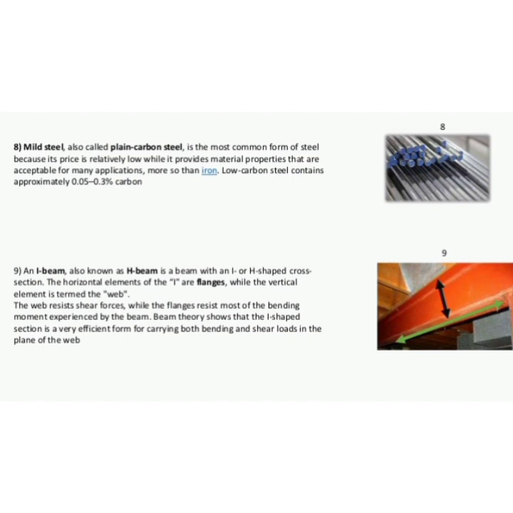The web resists shear force, while the flange resists most of the bending moment experienced by the beam. Beam theory shows that the I-shaped section is a very efficient form for carrying both bending and shear loads in the plane of the web.